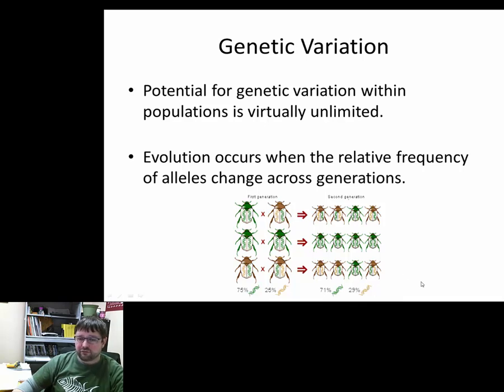It's changing its allele frequency over time. That's the definition of evolution. It might not result in any physical, physiological, or behavioral features that you could tell. But nonetheless, the allele frequency of the population has changed over time.